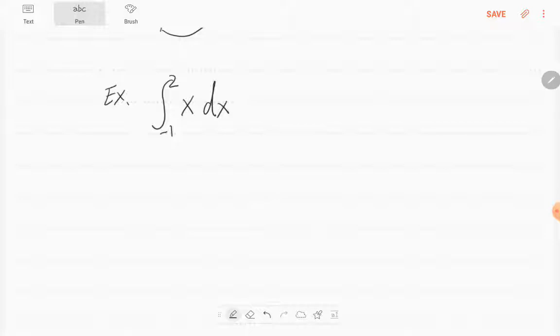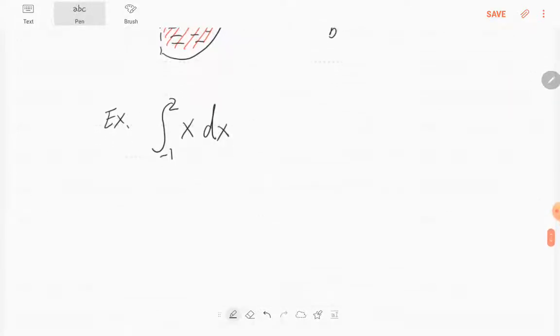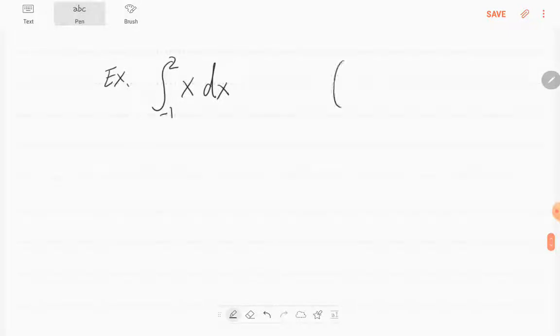Here you compare with the integral notation: this is a, b, f of x dx. So here a is equal to -1, b equals 2, and f of x equals x, right?